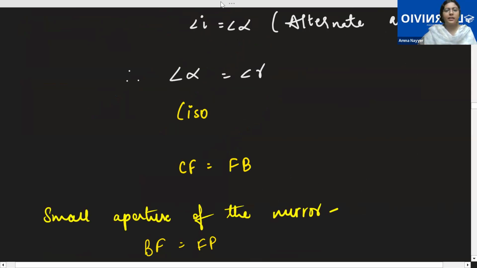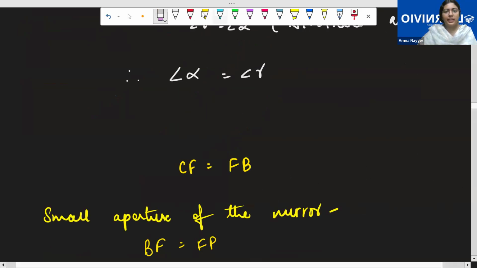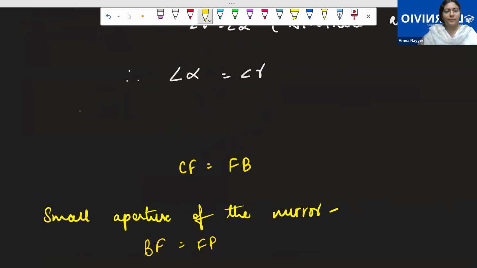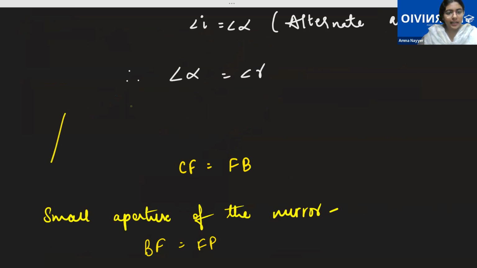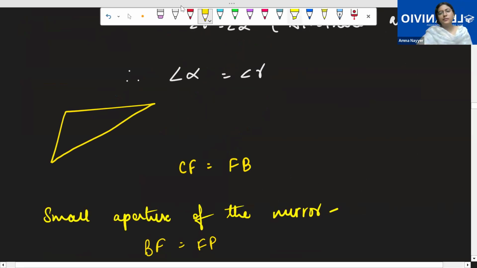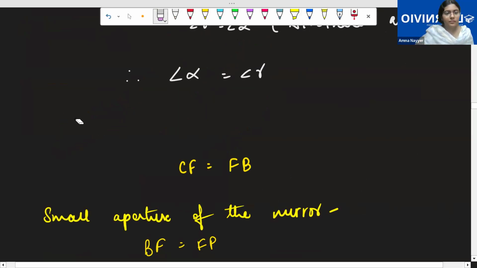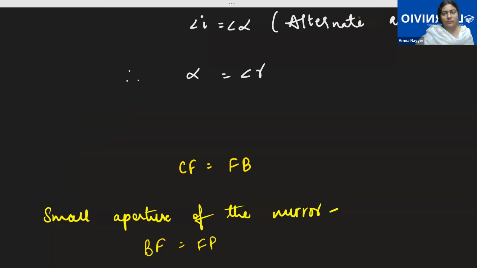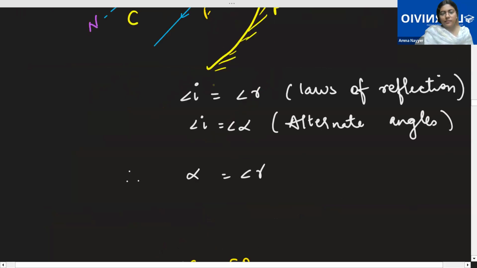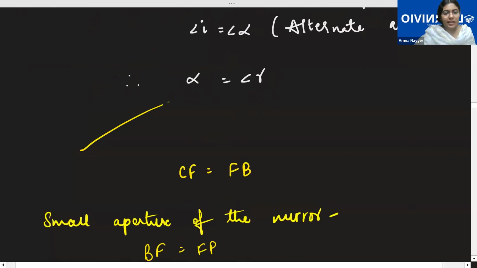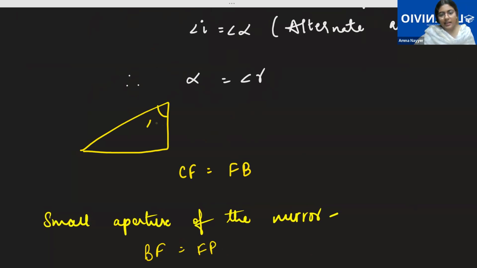Yes, see, Zainab, I was saying if two angles are equal, look, here the triangle that has been formed is this triangle that I'm referring to. This is angle R, this is angle alpha.